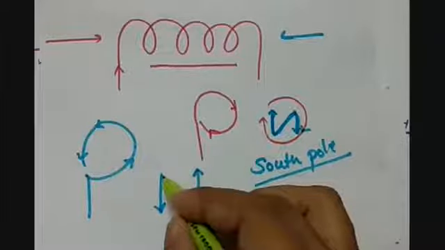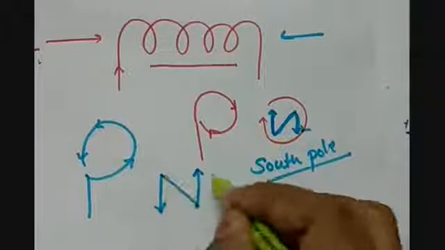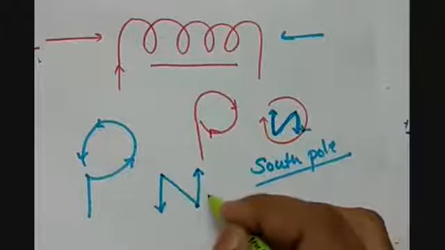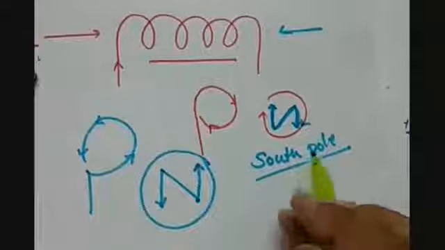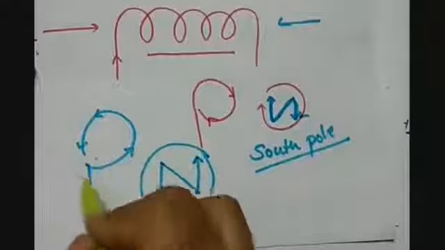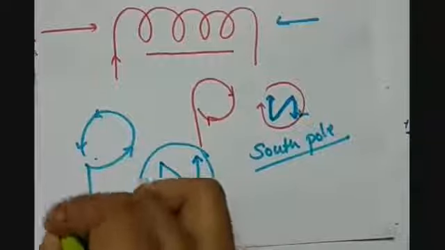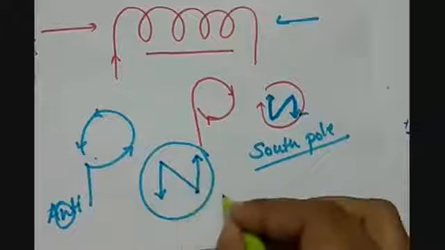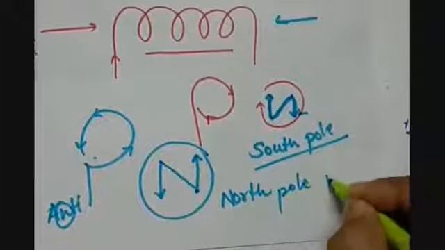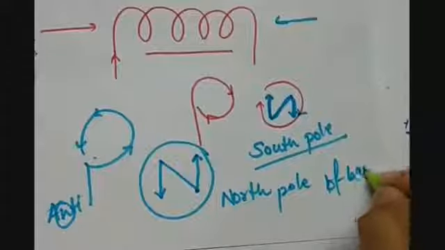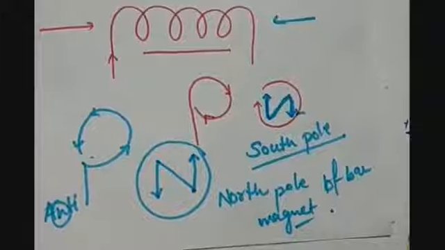If I join these two ends to make it a single conductor, then it forms a word N. We also have a method that this is anti-clockwise flow of current, and in the word anti we have N. So this will behave as the north pole of the bar magnet. So this is how the clock face rule works.